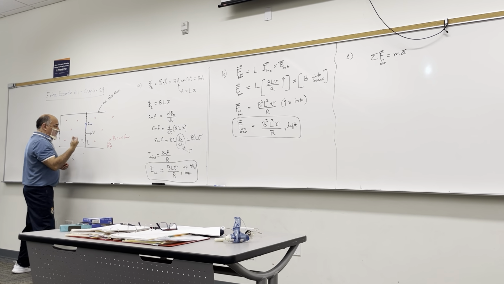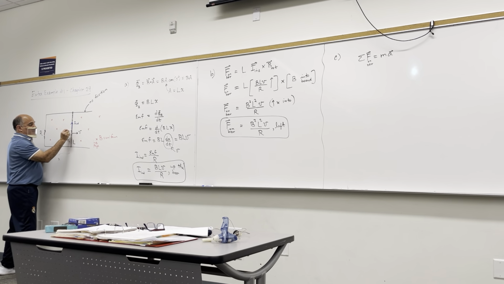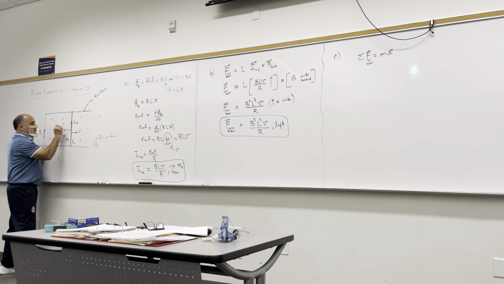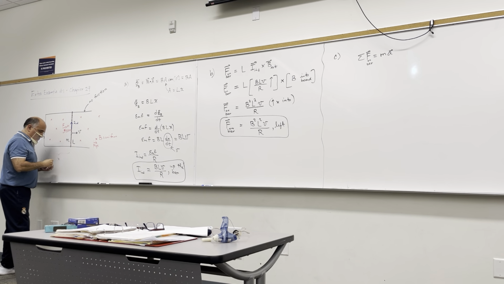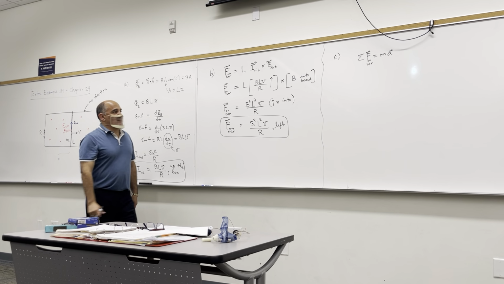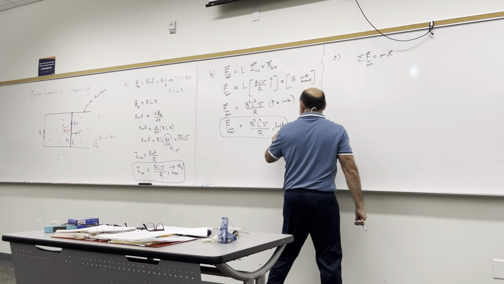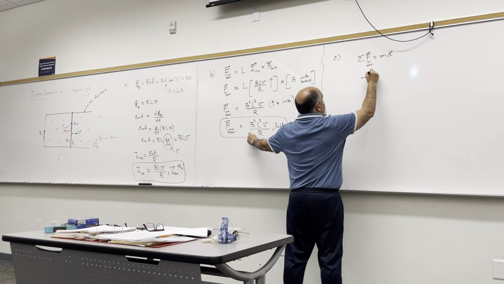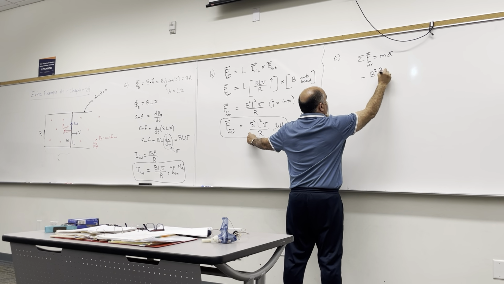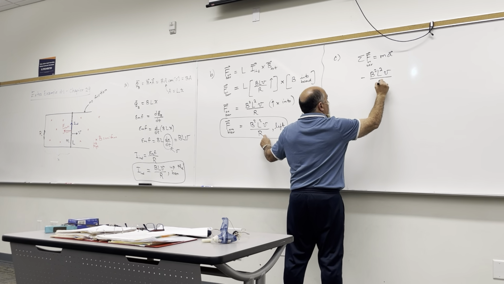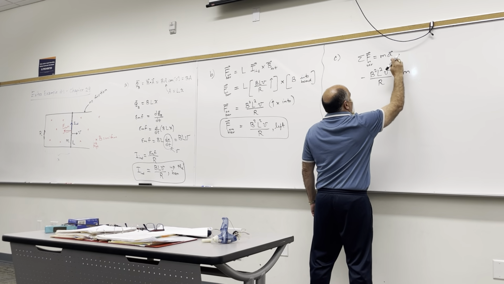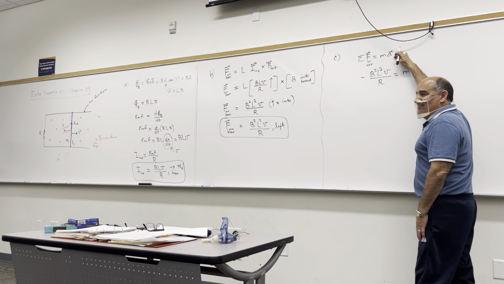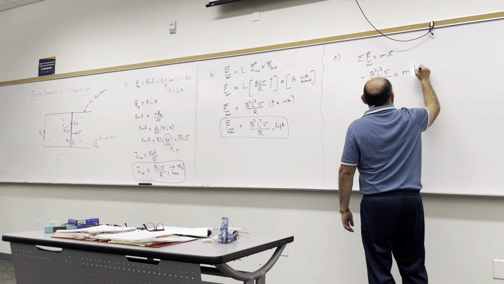The only force acting on it is the force which is to the left, and the velocity is to the right. So I take that into account by putting in a minus sign: minus b squared L squared v divided by r. And this equals m times the acceleration, but now the acceleration is not constant, so I'm going to write it as dv dt.